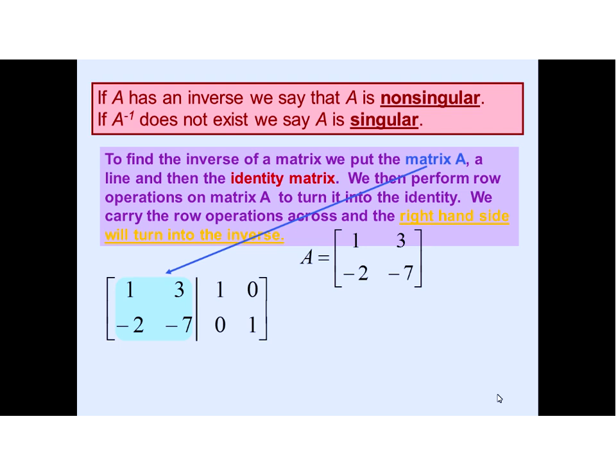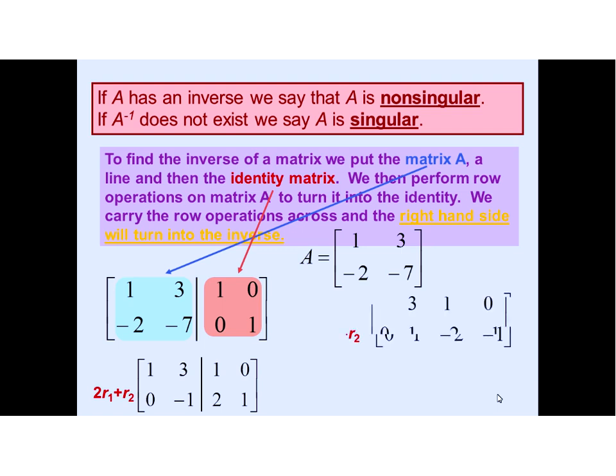We carry the row operations across, and the right hand side will turn into the inverse. This is an identity matrix, and we apply the row operation over it. First, I want 0 below the 1, so I apply the row operation 2r1 plus r2. With the help of this I get the 0 below row 1.